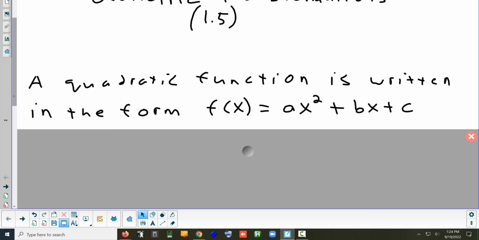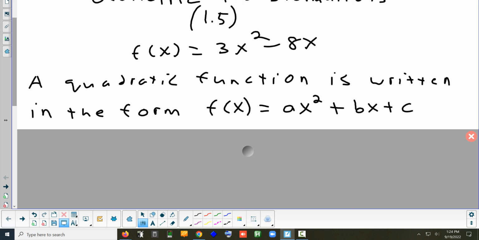Now, the A, the B, and the C in an actual problem, those would be numbers. So here's an example. F of x equals 3x squared minus 8x plus 4. That's a quadratic type problem. The only thing that A can't be is 0.